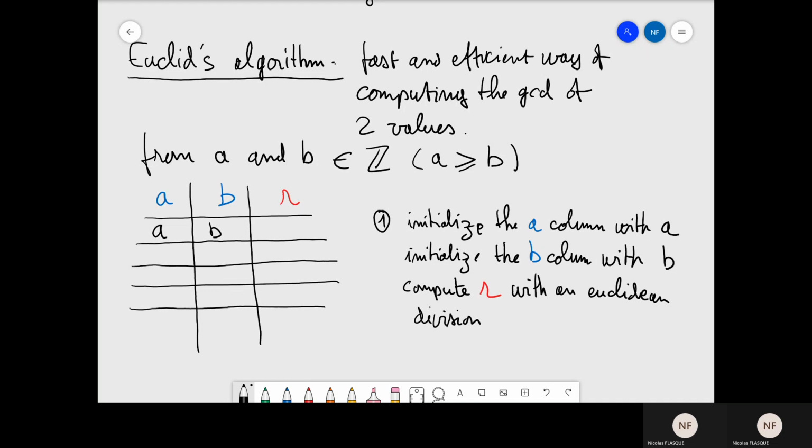Actually, the name of the column is really the remainder of the Euclidean division of A by B.